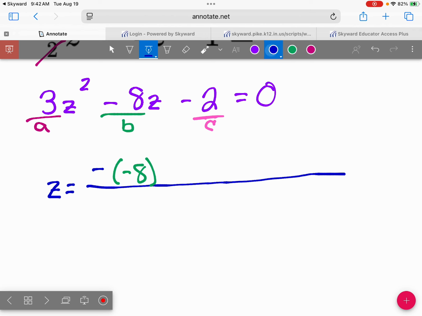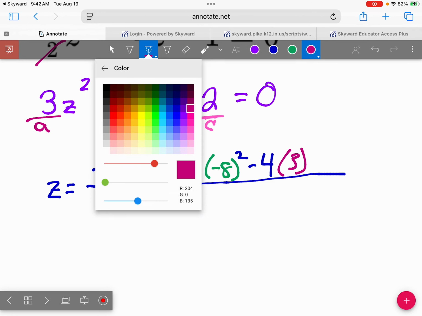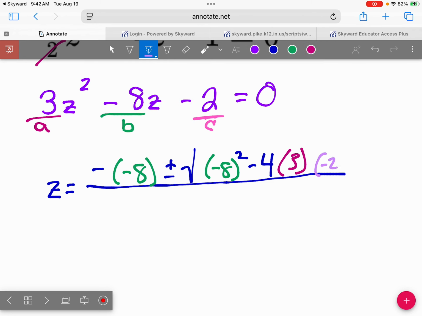Opposite of b plus or minus square root of our b squared minus 4 times a times our c, which is negative 2, over 2 times a, 3, like this.